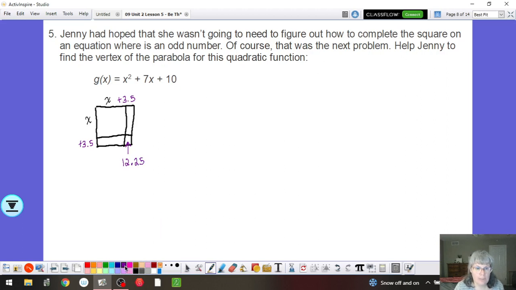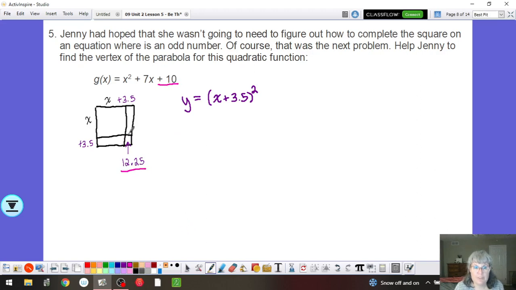So now we can write our equation as y equals x plus 3.5 squared, but something we do need to take a look at. We have a plus 10 and we had 12.25.